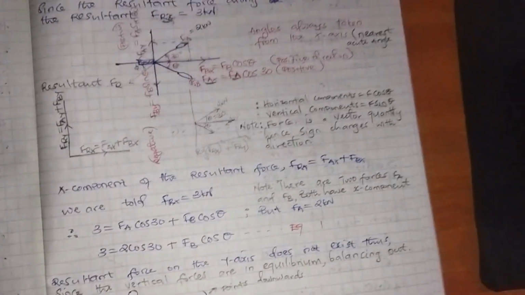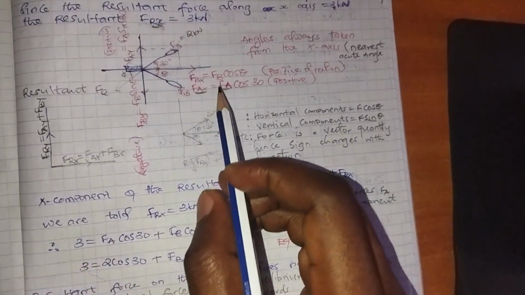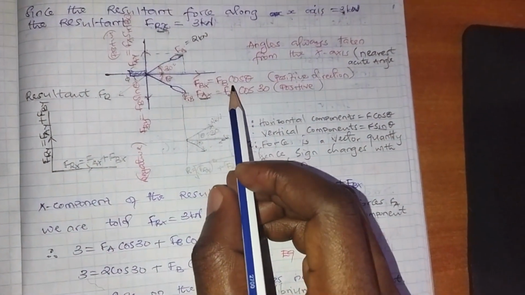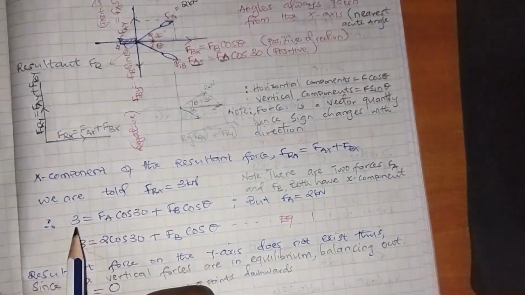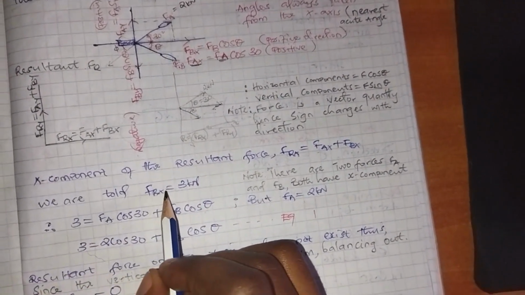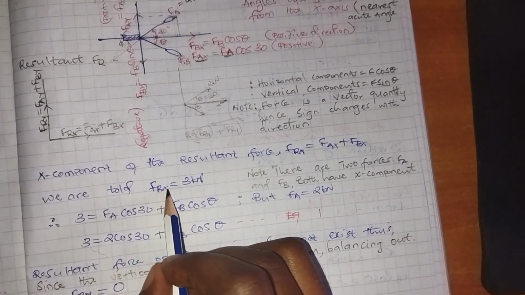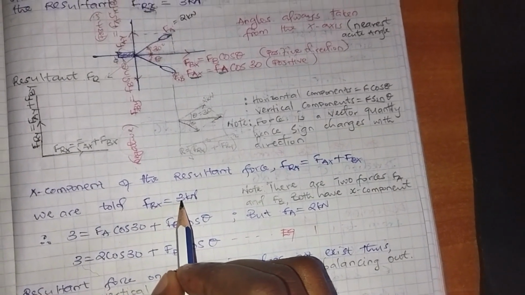Okay. Having said that, now we proceed. Because we have already broken down the x and y components, now we have the resultant that is in the x-axis that is already known, because the resultant in y is 0. The Frx is 3, definitely.